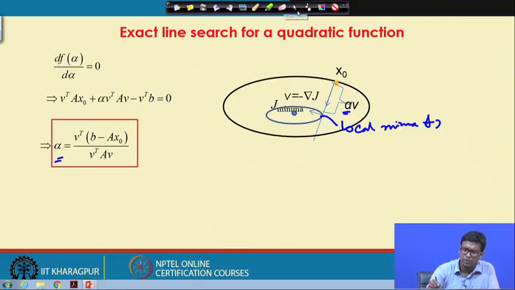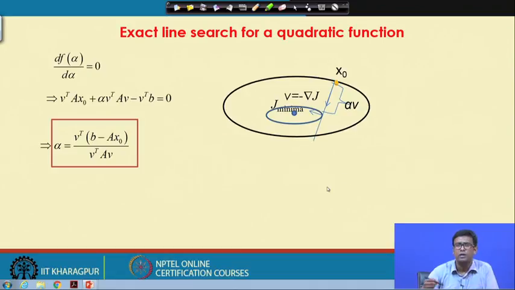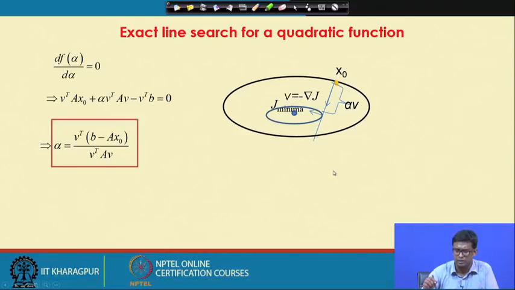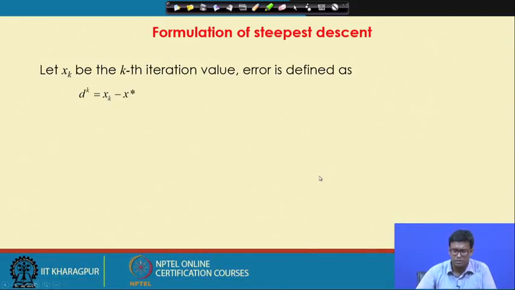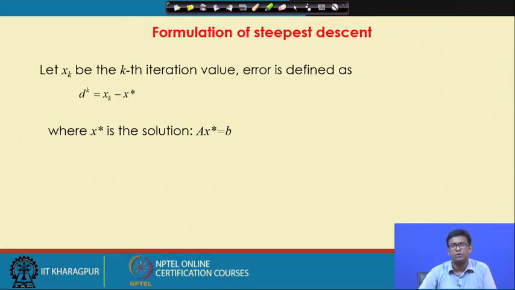Now, we thought about taking this into a solver and proposing an algorithm for iteratively solving A x is equal to b or finding J minima, which is called the steepest descent algorithm. Let k be the kth iteration, and the error is defined as d k is x k minus x star, where x star is the solution of A x star is equal to b.